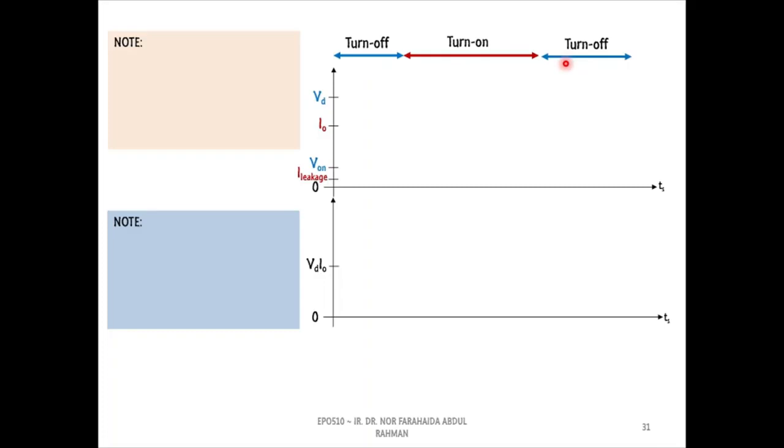According to the previous explanation, we can sketch the waveform of leakage current during the off state and the conducted current during the on state like this.